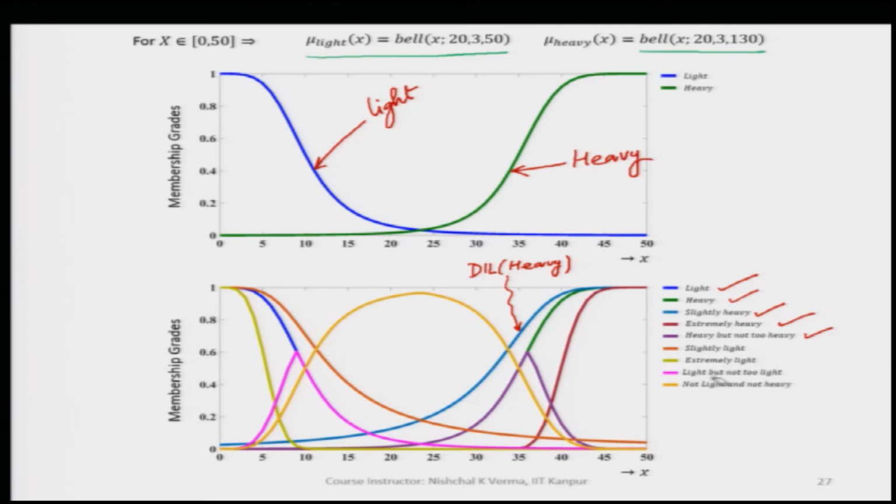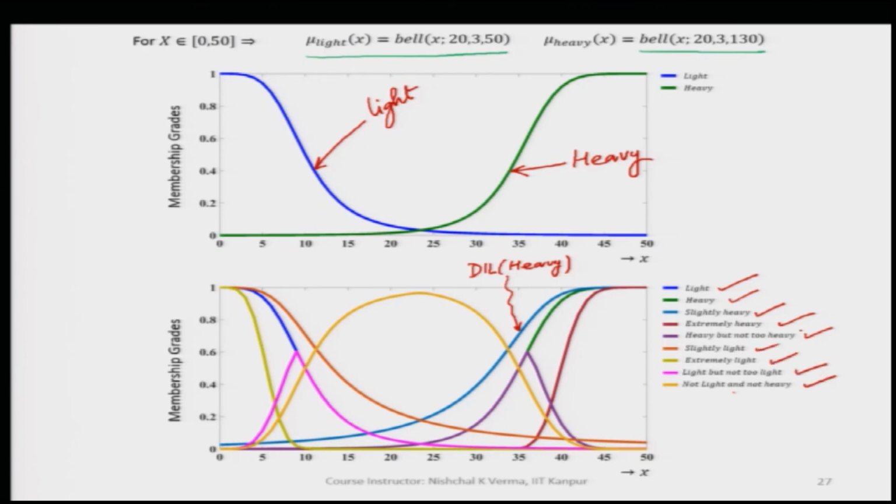Similarly, for light but not too light, we first get the complement of too light, which becomes not too light, and then we take the intersection of this with light. Similarly, for not light and not heavy, we take the complement of light and the complement of heavy, and then we take the intersection of these two to get the composite terms.